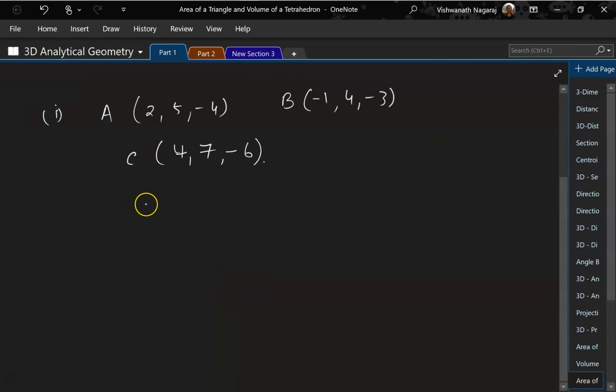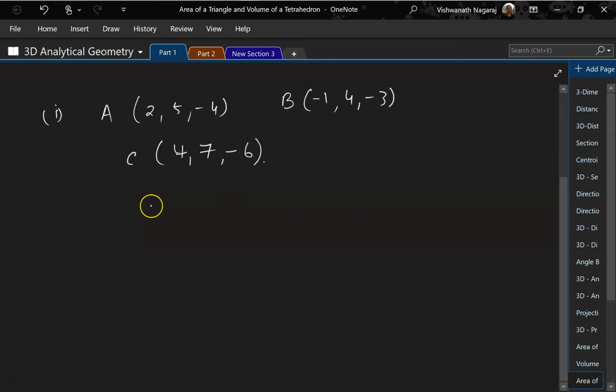Okay. Now, how do we figure out the area? But first, let's figure out the vectors AB, BC, and AC. Right? Any two of them will also do. Why?